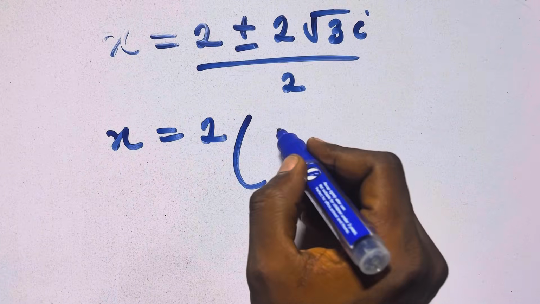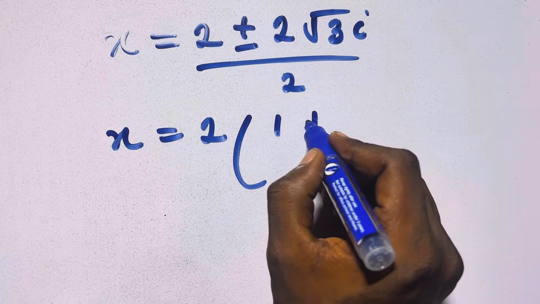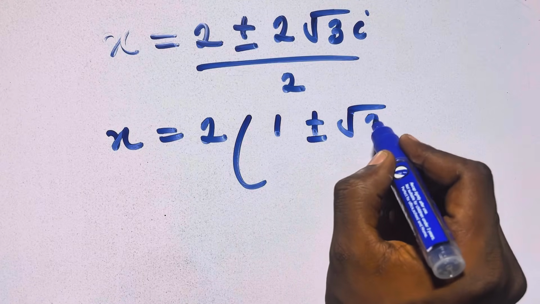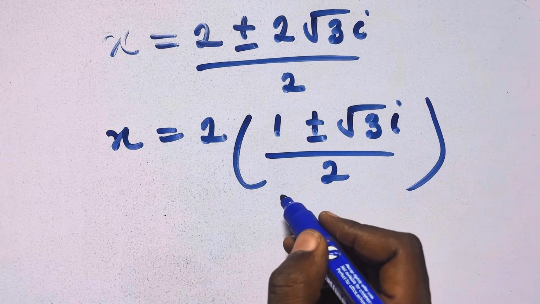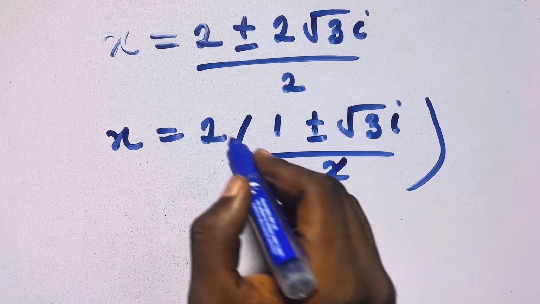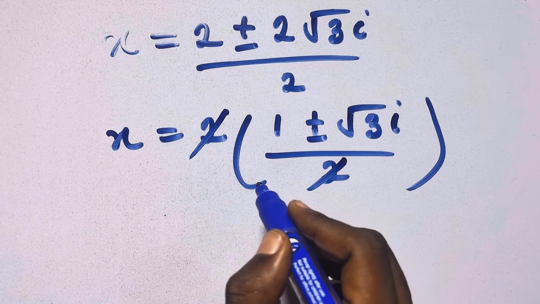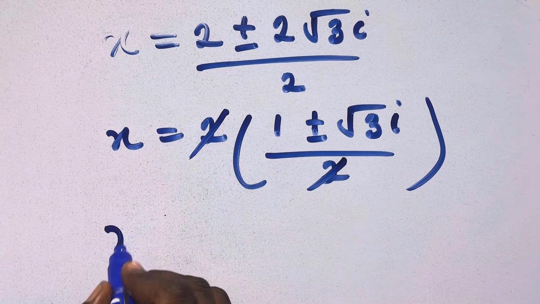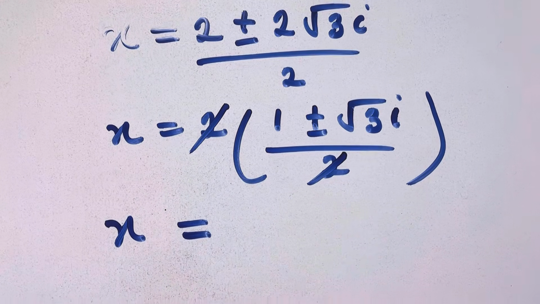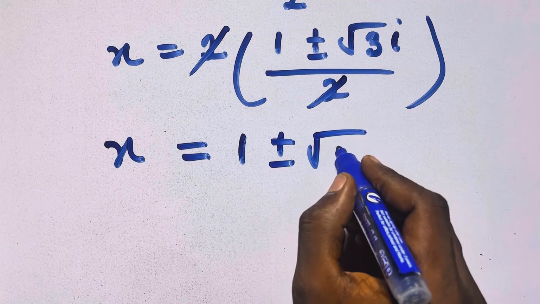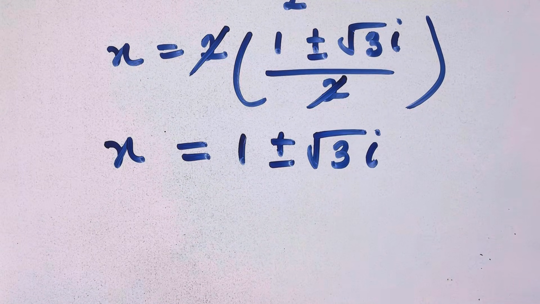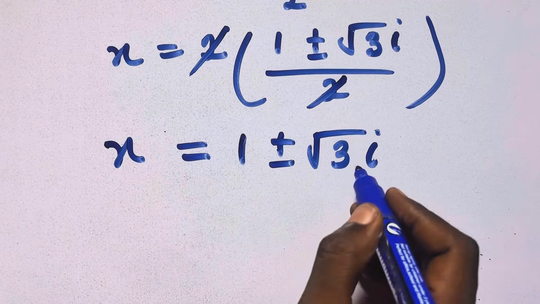So we have 2 multiplied by 1 plus or minus square root of 3i divided by 2. And what will happen here is we cancel this out, and we are going to have x equals 1 plus or minus square root of 3i. I hope you understand. So we have two solutions here.